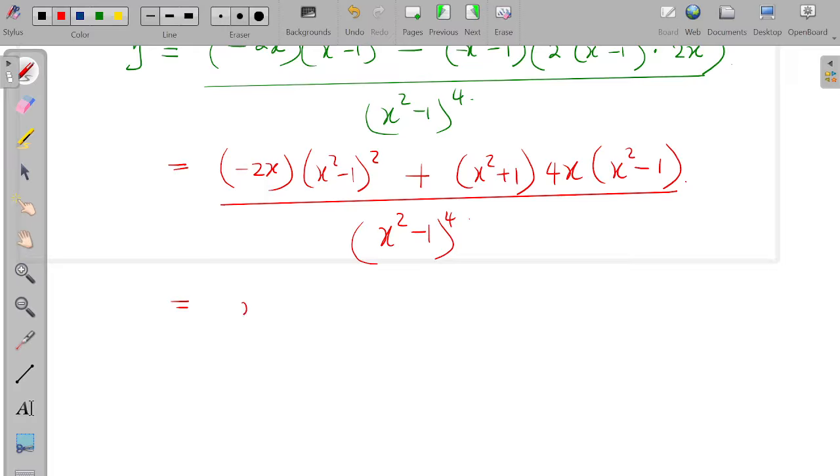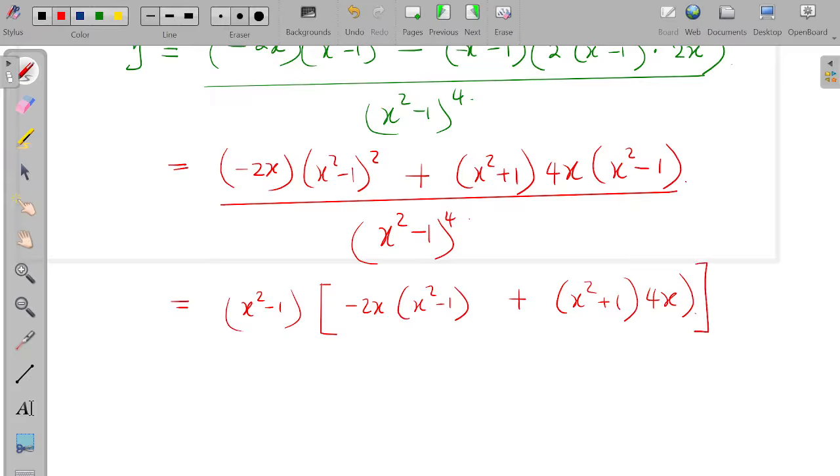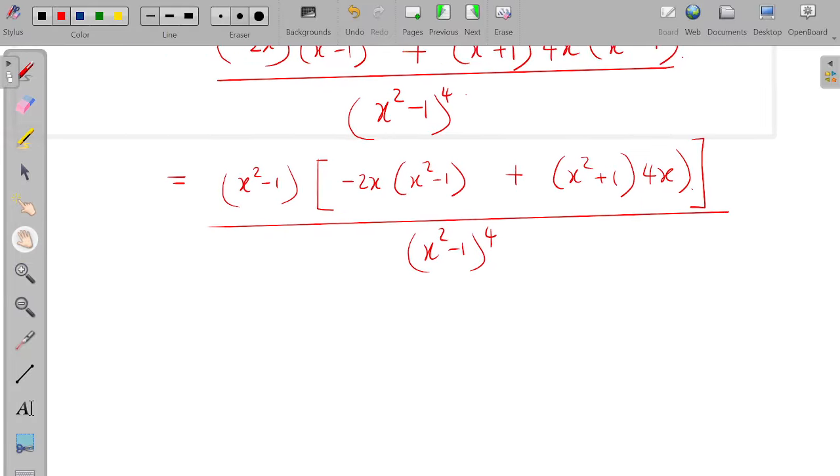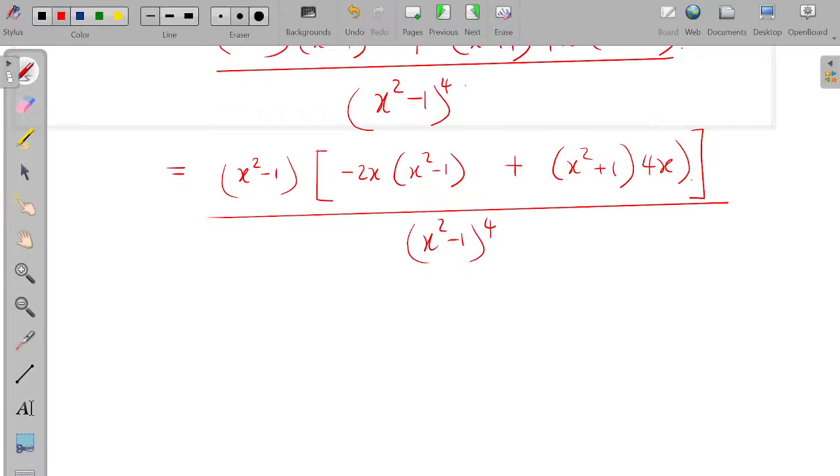So I'm going to have x squared minus 1 times 2 minus this into x squared minus 1, plus this one will now be x squared plus 1 multiplied by 4x, all over x squared minus 1 raised to power 4. That will cancel one of these.